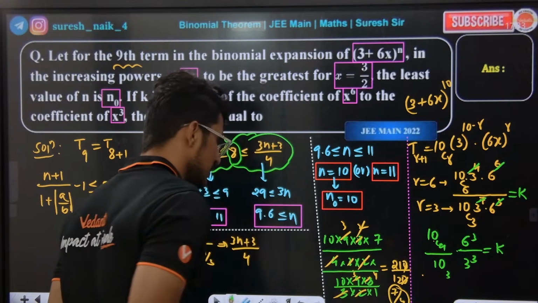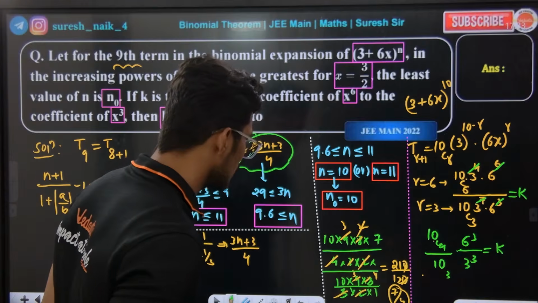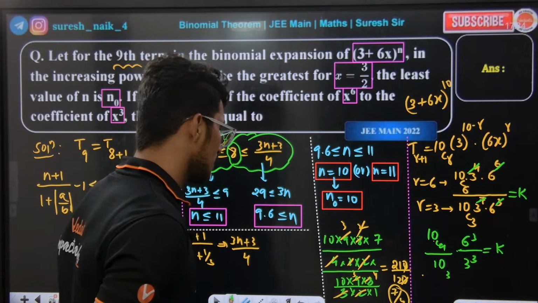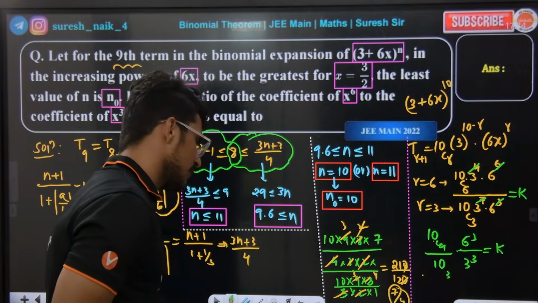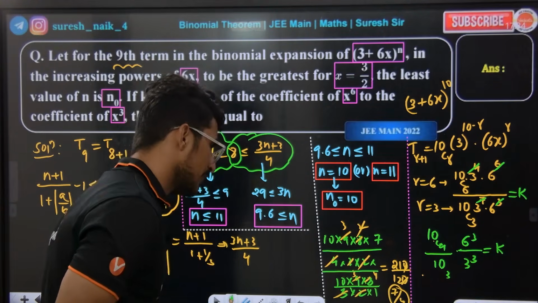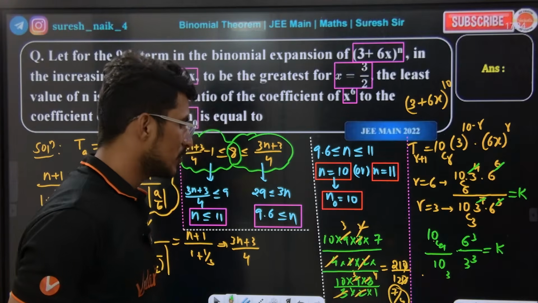Here 3 ones 3, 3 threes, 4 ones 4, 2s. 2 2 cancel. So 3 2 10, 210 by 120. 120 means what? So 7 by 4. 7 by 4.